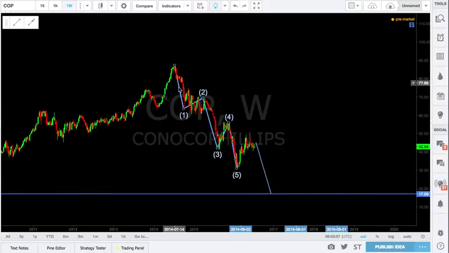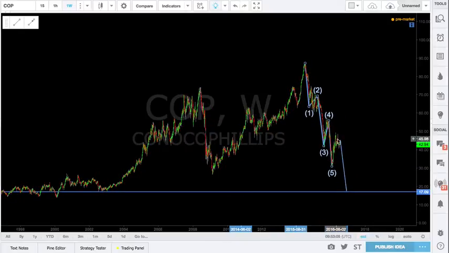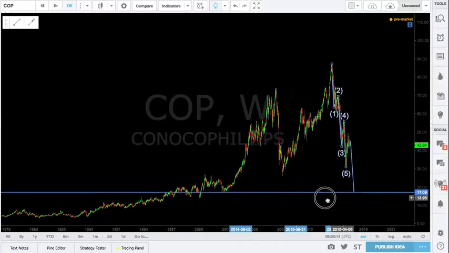So this one I think we've had impulse, correction, impulse, correction, impulse, correction. So I'd be looking for that final impulse down to the 16, 17 mark there.